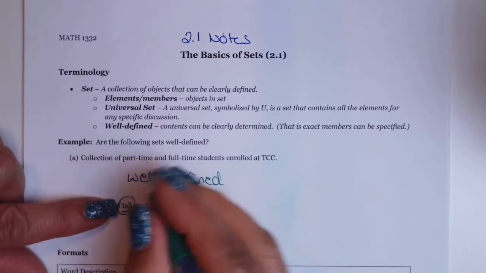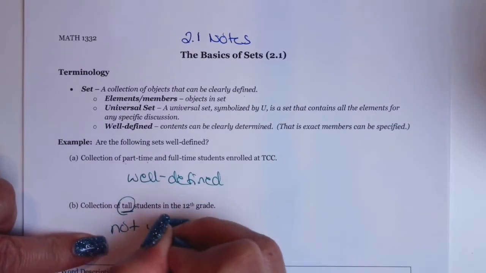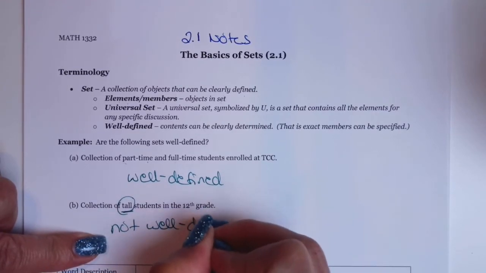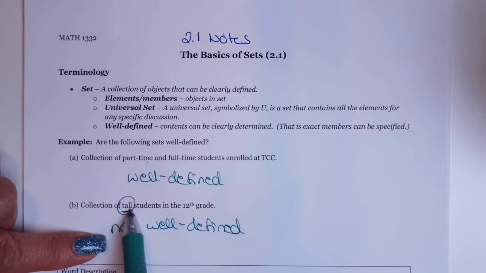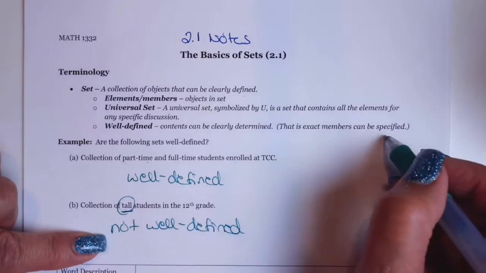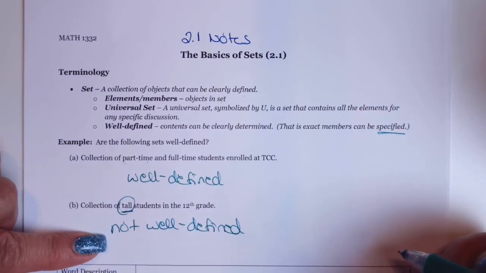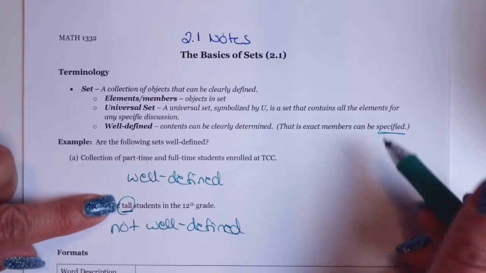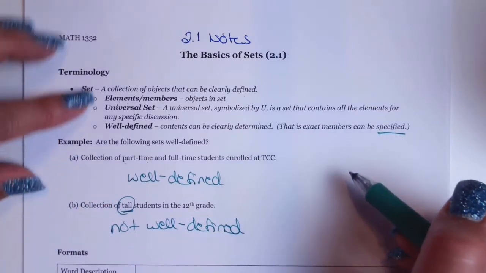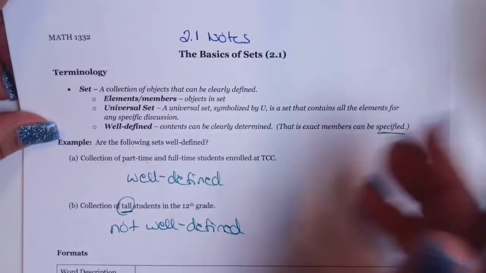So this is not a well-defined set. If we had an exact height here, then it would be well-defined. But the word tall doesn't give a specific description of what the exact members are going to be. So we're going to leave it like that.